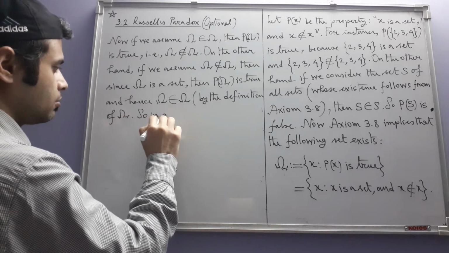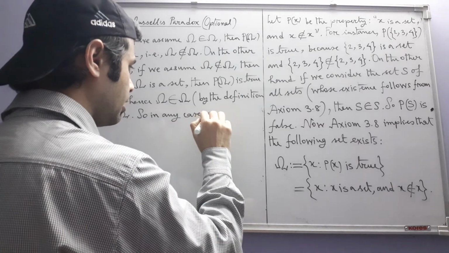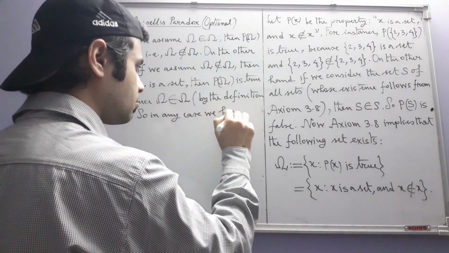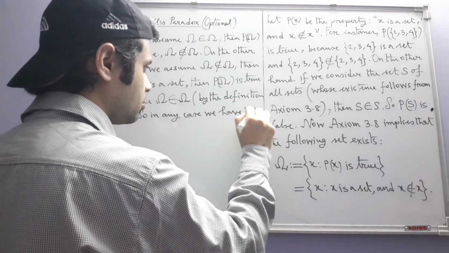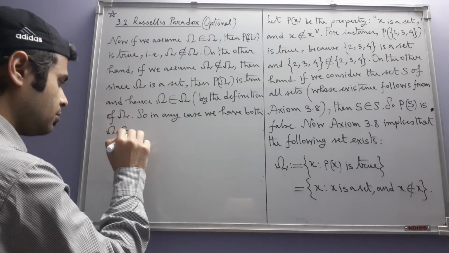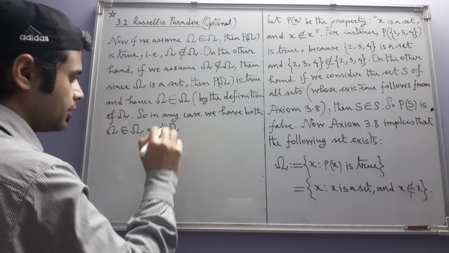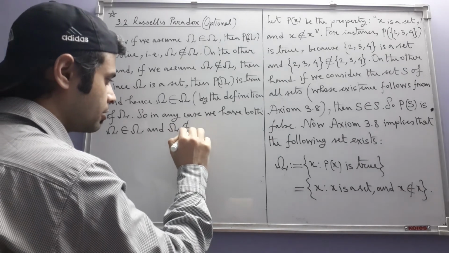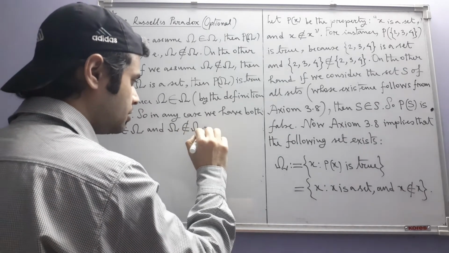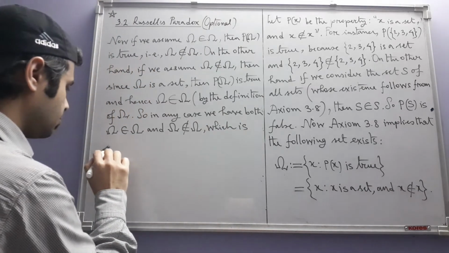So in any case we have both omega belonging to omega and omega not belonging to omega, which is absurd.